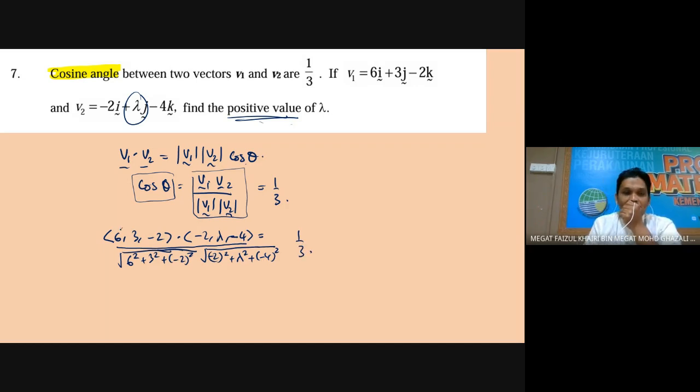Okay, so 6 times negative 2, negative 12. 3 times lambda, 3 lambda.